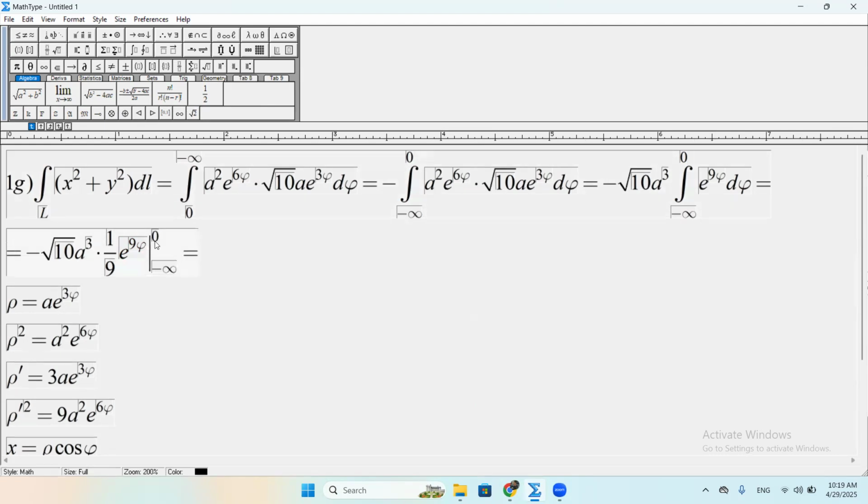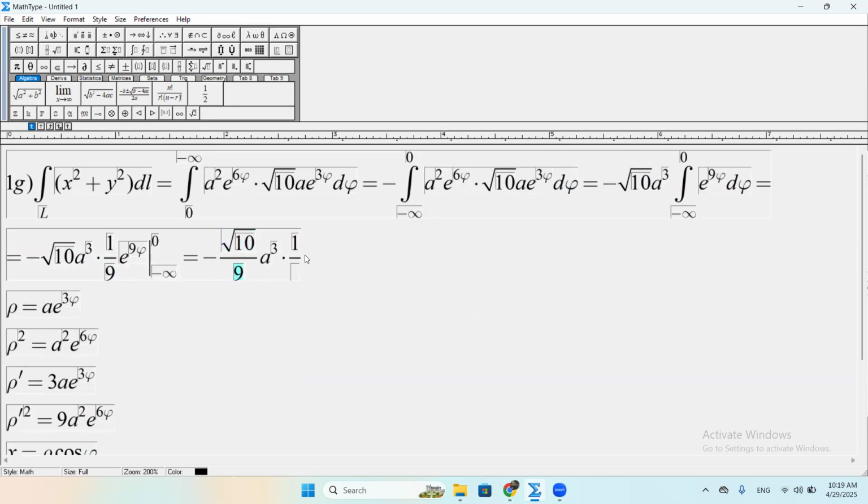If I substitute 0, I will receive 1, and if I substitute minus infinity, I will receive 0. So the final answer is the following. So minus this stuff. Okay, I will move 9 here. So this is the final answer. Any questions about this exercise?